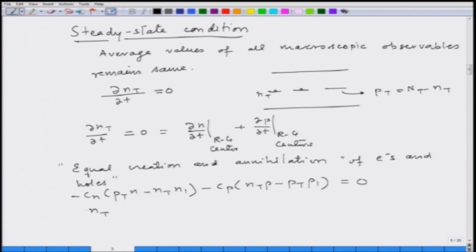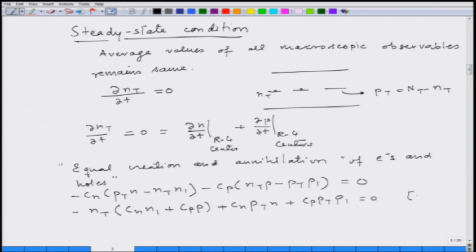I will say n_t is basically C_n n_1 plus C_p p, minus C_n n p_t plus C_p p_t1.